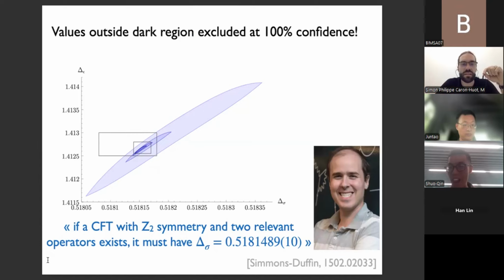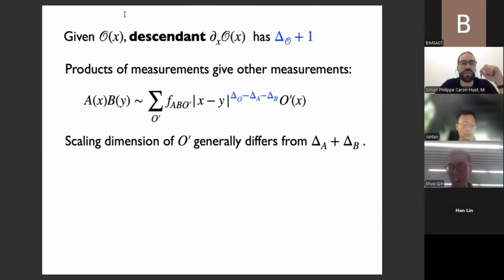Now let me make a little bit less abstract this notion of what the set of measurements are. We saw two measurements so far, one that was even and one odd. In general, given any measurement, you can take a derivative of it and you make another measurement. But that's not very interesting, it just has its scaling dimension increased by 1, because a derivative has units of 1 over length.